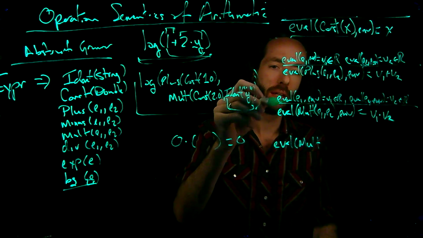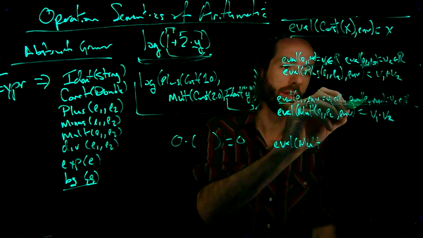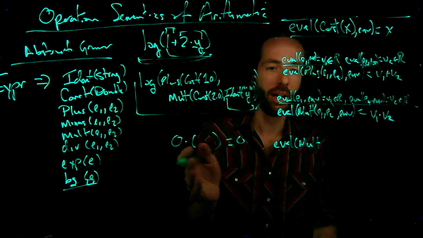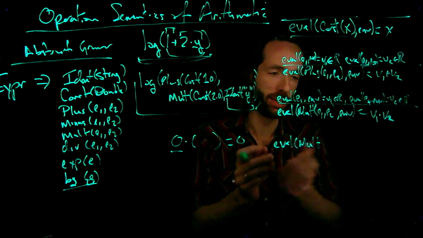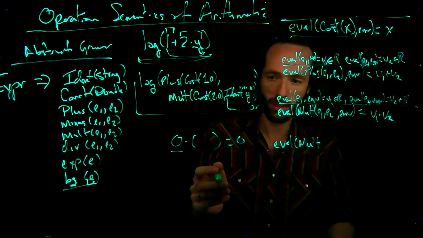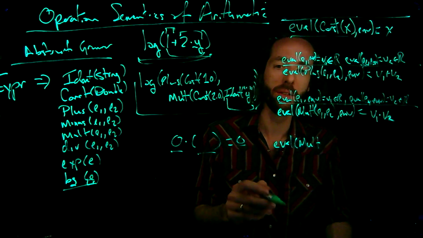So in this rule, I am always evaluating both e1 and e2, but I could try to be a little slick and say, well, what happens if I know that e1 evaluates to 0, I know what this is going to turn out to be. The total result's going to be 0 regardless of what e2 is.